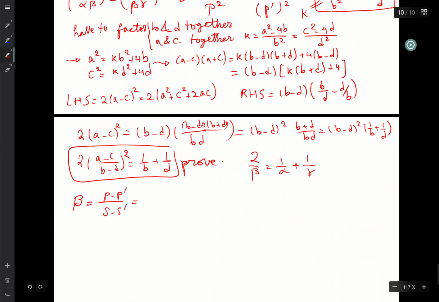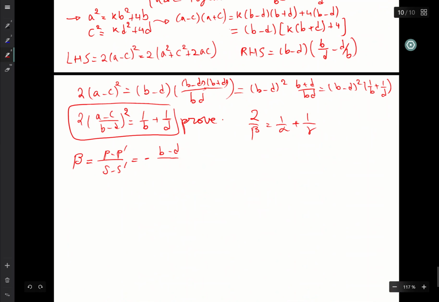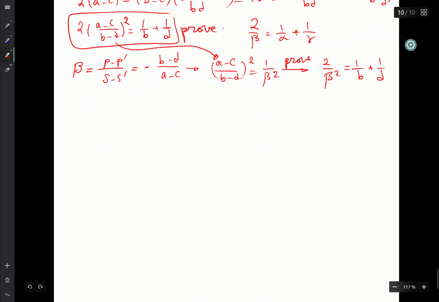This common root was minus b minus d over a minus c, and therefore, very interestingly, a minus c over b minus d squared is 1 over beta squared, right? So what we need to actually prove is that 2 over beta squared is 1 over b plus 1 over d. And this is very simple, right?